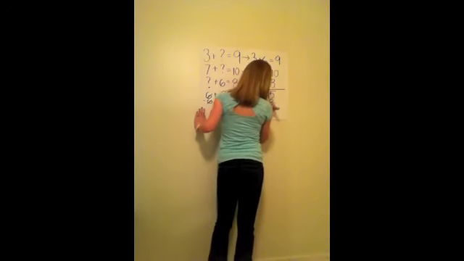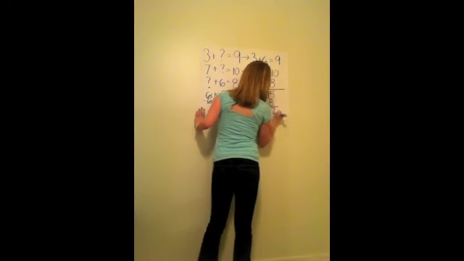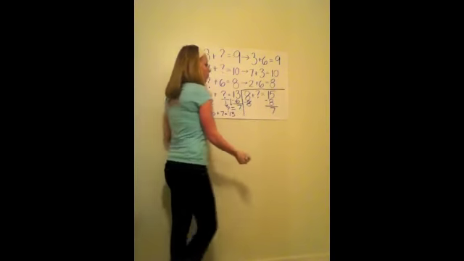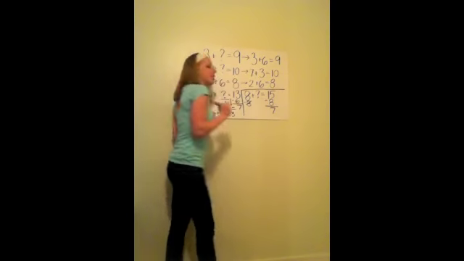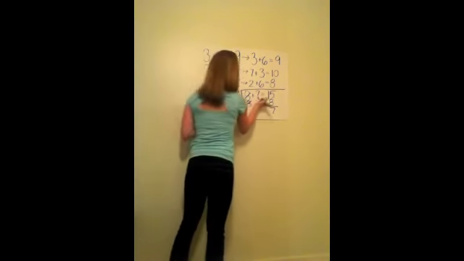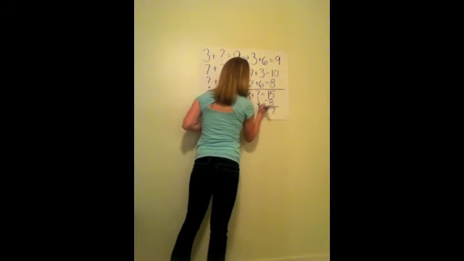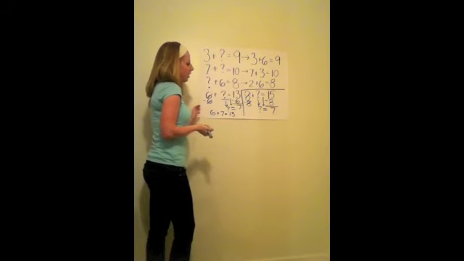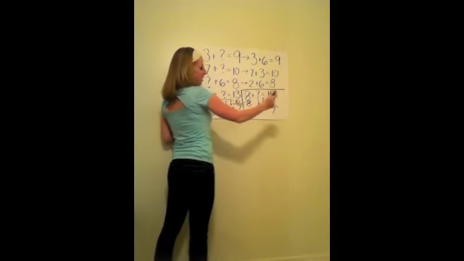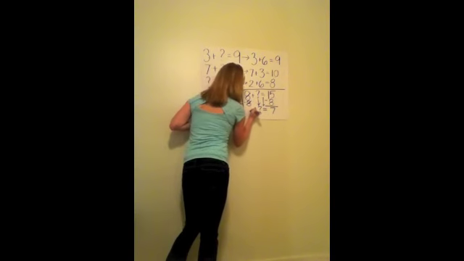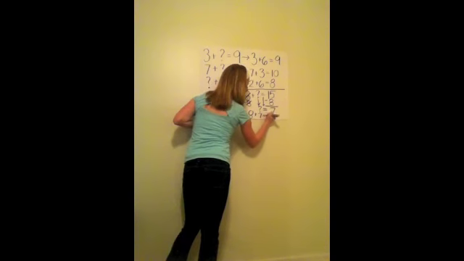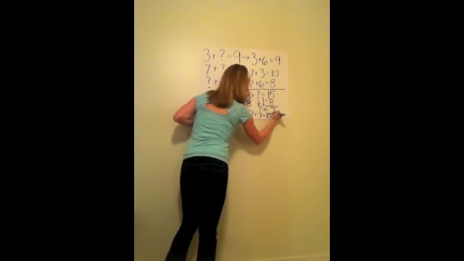Good. 7. And what do we do with these question mark and equal signs? We bring them down. Very good. So bring down our question mark. Bring down our equal sign. And so our answer is 7. So our missing number is 7. So 8 plus 7 equals 15.